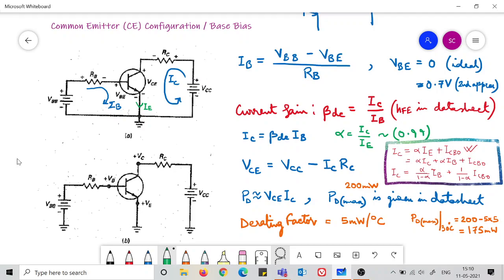Now you have not been given the circuit, so you have to remember what the common emitter configuration was. I am not of the nature of giving questions where you have to base your answer on memory. Probably I will give the circuit and ask you to solve it. That is what you actually have to do.